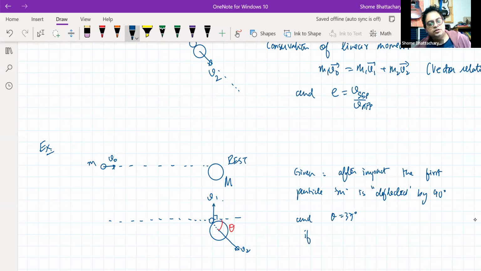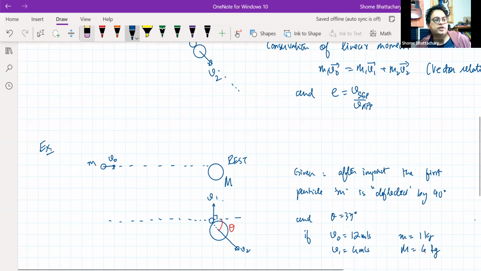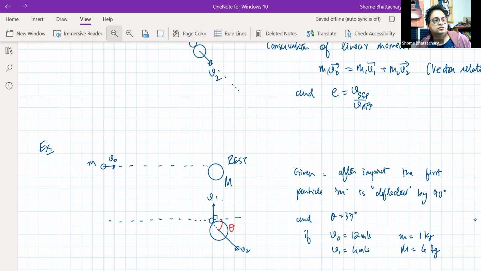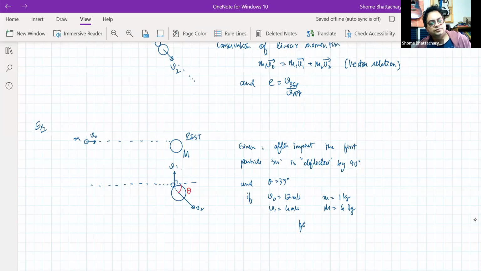Okay. So if v0 was 12 meters per second, v1 is 4 meters per second, small m is 1 kg, and capital M is 4 kg, then we have to find the value of v2.